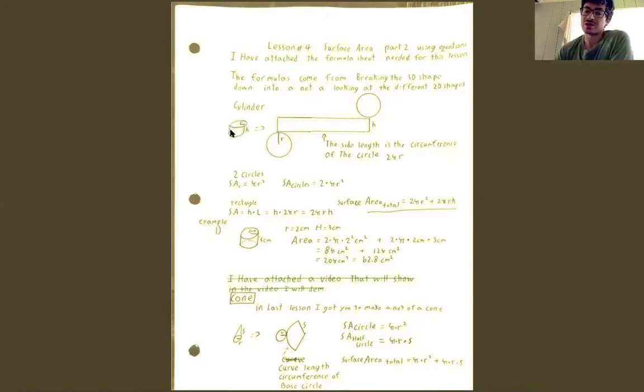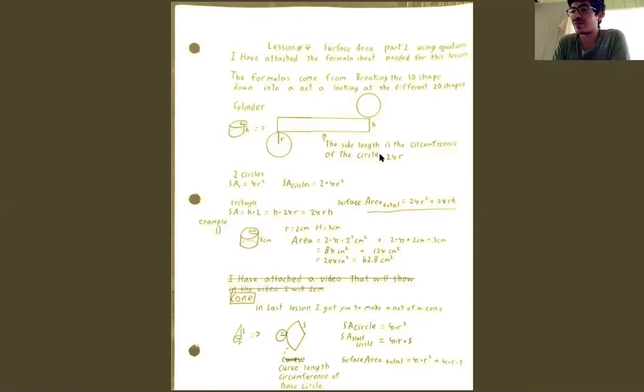Because as the rectangle wraps around the cylinder, it lets you go all the way around the circle. So the length is going to be the circumference, and then the height is going to be the height of the cylinder. So we have that one rectangle. We also have 2 circles, the top and the bottom of the shape.